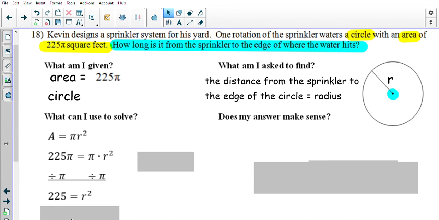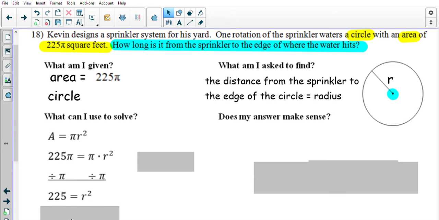Now, we have not talked about how to solve an equation like this. Pre-algebra did a little bit of this, but I want you to think here. If it says the radius to the second power is 225, we're looking for a number that when we multiply it by itself gets you 225. So go through kind of an inventory here. Well, 10 times 10 is 100, so I know it's higher than that. Okay, let's go up to 12. 12 times 12 is 144, so I know it's higher than that.